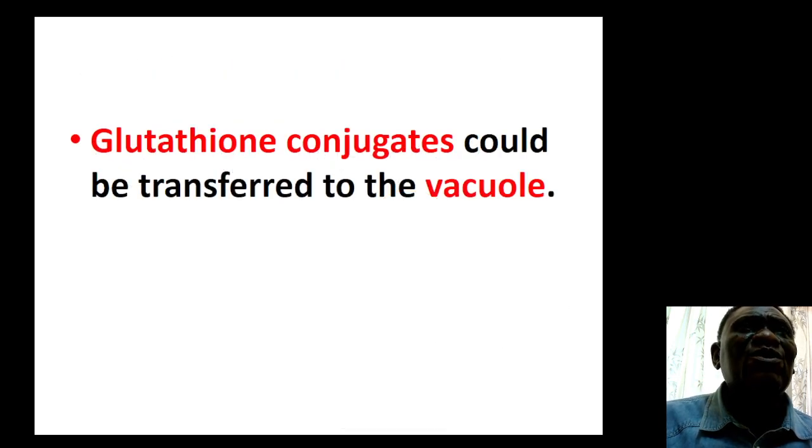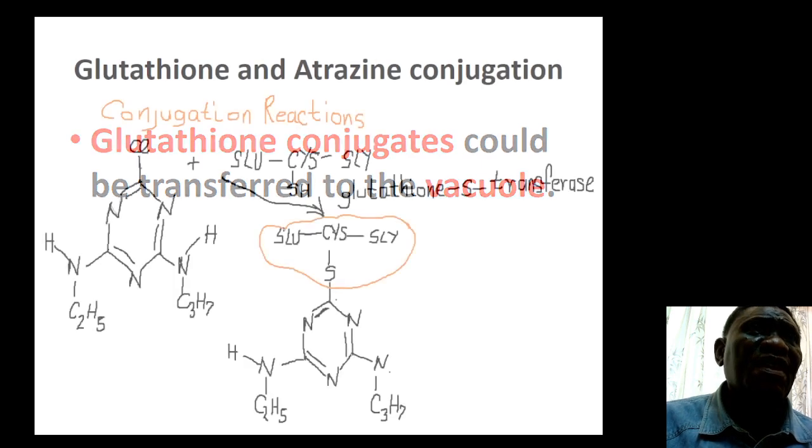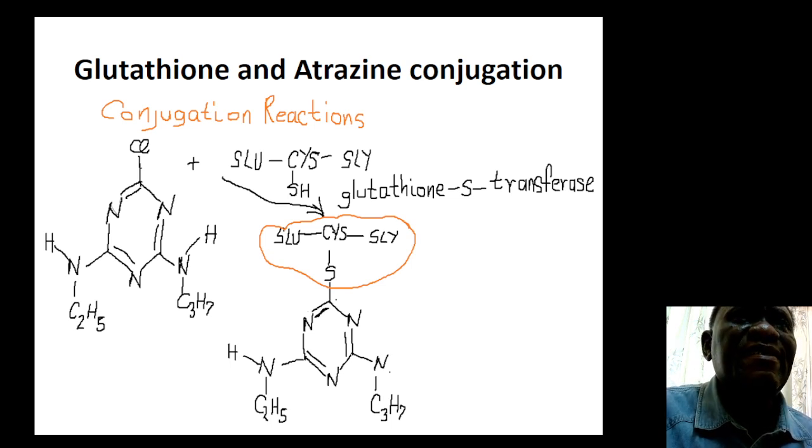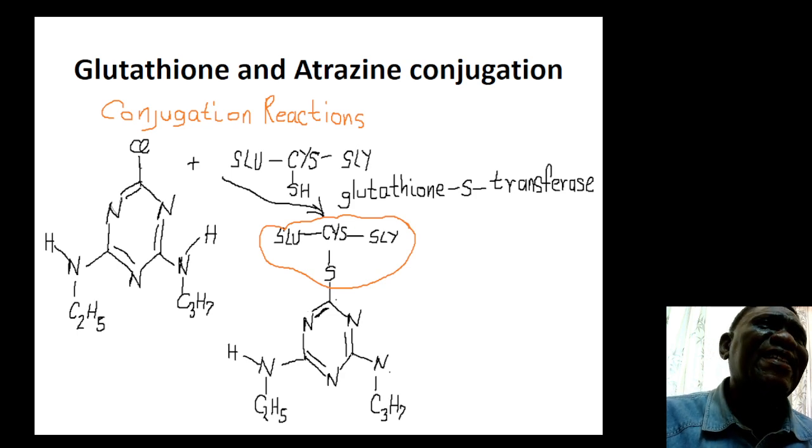So glutathione conjugates could be transferred to the vacuole. This is where we have atrazine with the chlorine. Sometimes glutathione can just form a conjugation with atrazine without requiring the OH.